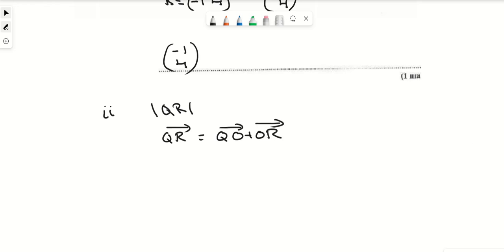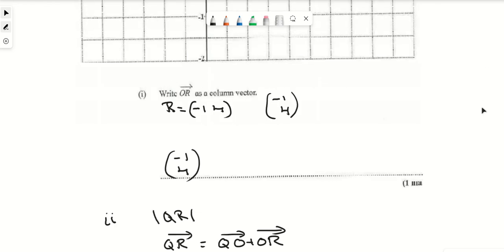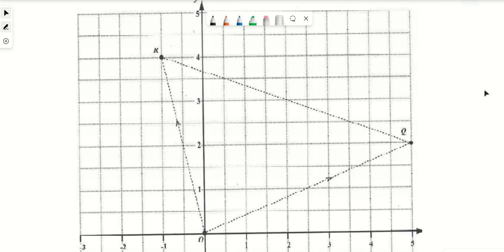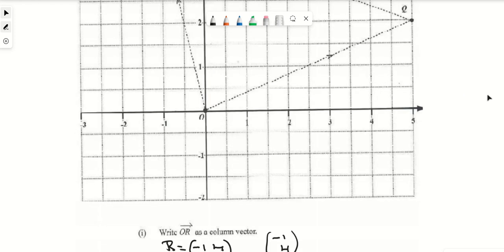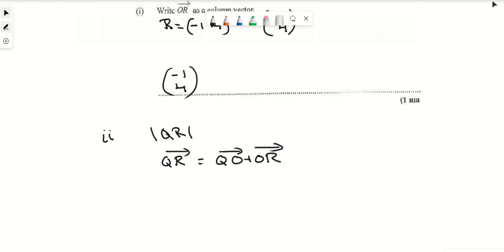We know OQ, let's see the coordinates for Q. The coordinates for Q is 5, 2. So if OQ is 5 on top, 2 at the bottom, then QO would be the opposite direction, minus 5, minus 2. So this is (-5, -2) plus OR.